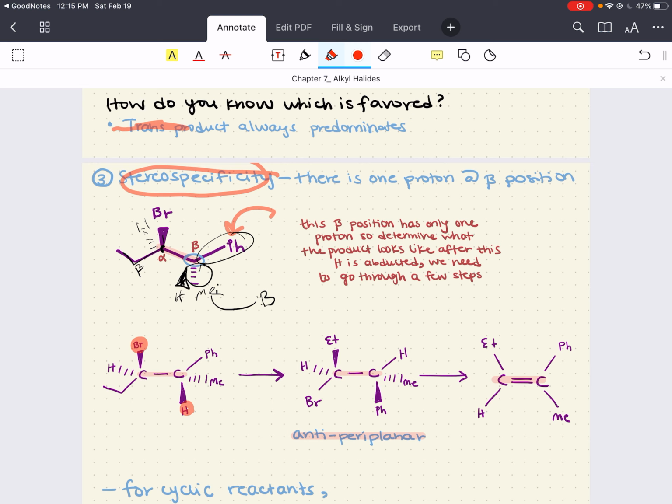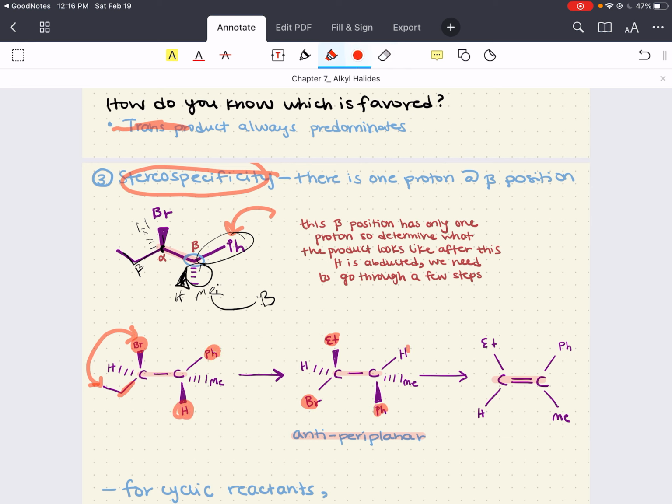That means we need the bromine to actually be on the straight line, not on the wedge, and we need our hydrogen to be on the straight line, not on a wedge. What we can do, since we've drawn it this way, is switch this position right here and here. So now our bromine's on the straight line and the ethyl is on the wedge. But if we do that on one side, we have to do it exactly symmetrical on the other side. So then we can switch our hydrogen and our phenyl group here exactly so.